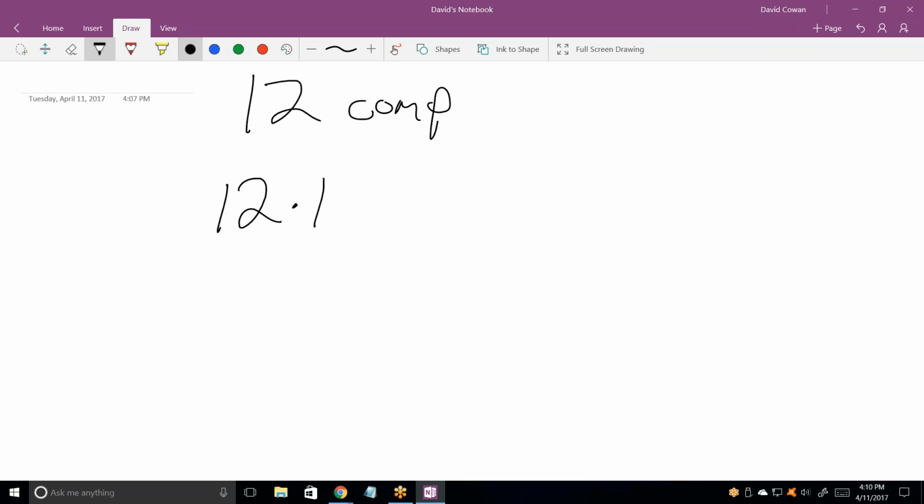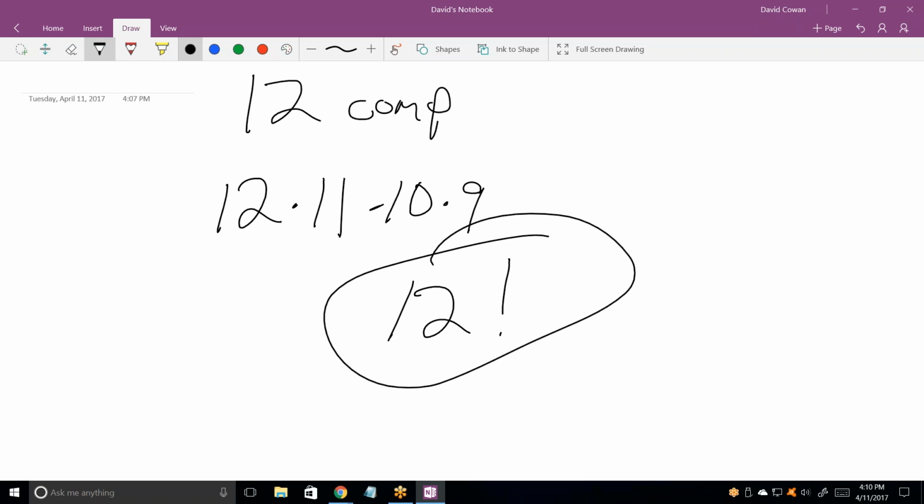It's 12 times 11. That's the number of ways, that's the number of people that can finish second once somebody else has finished first. Then 10 times 9, in other words, 12 factorial. That's how many different ways the skiers can finish.